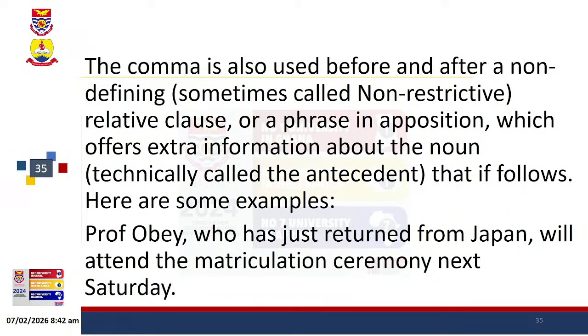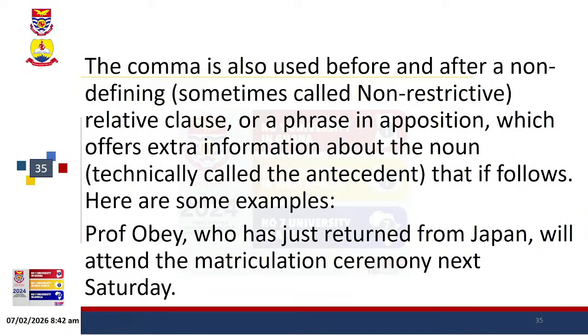Professor Obey, comma, who has just returned from Japan, comma, will attend the matriculation ceremony next Saturday. Who has just returned from Japan has been separated by two commas from the main sentence. Professor Obey will attend the matriculation ceremony next Saturday.